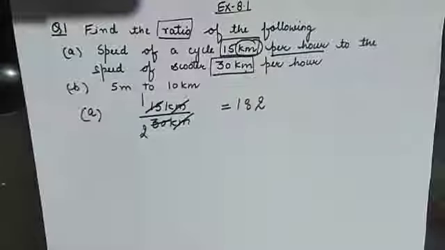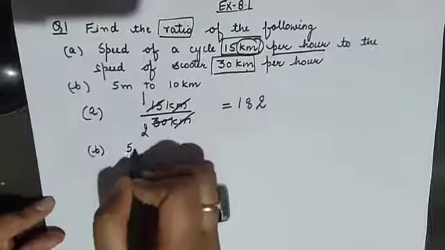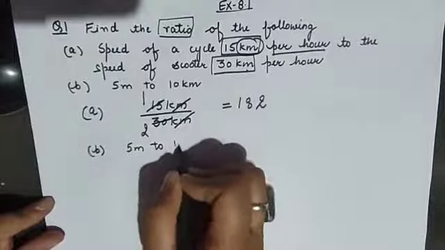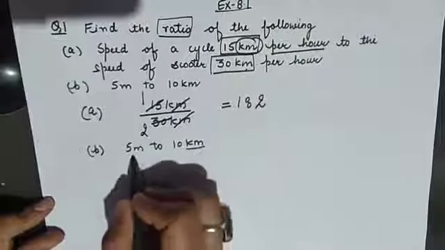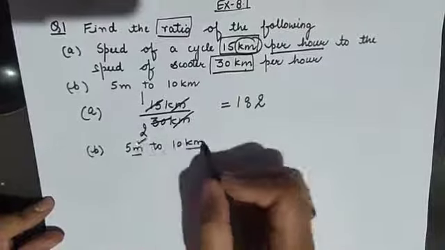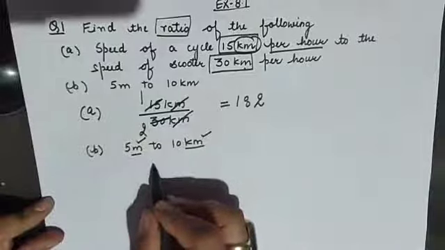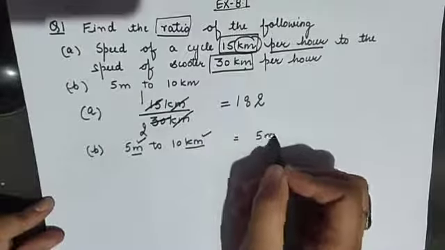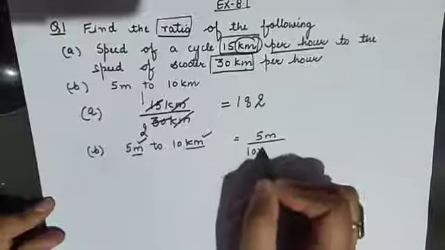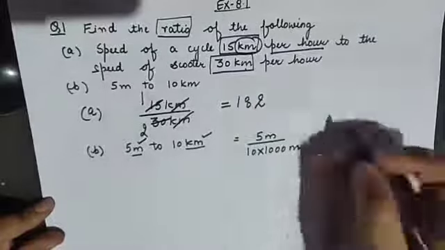And now students, let us see part number 2. Here it is given that you have to find the ratio between 5 meter and 10 kilometer. Firstly we will see whether the units are the same or not. Here the unit is meter and here the unit is kilometer. So I will first convert to similar units. I can say 5 meter upon 10 into 1000 meter. Why have I written 1000?